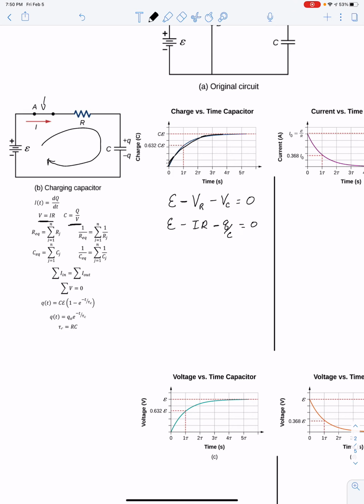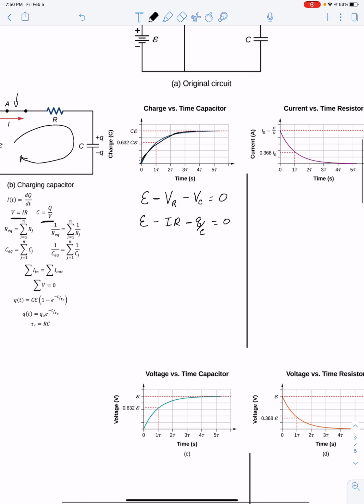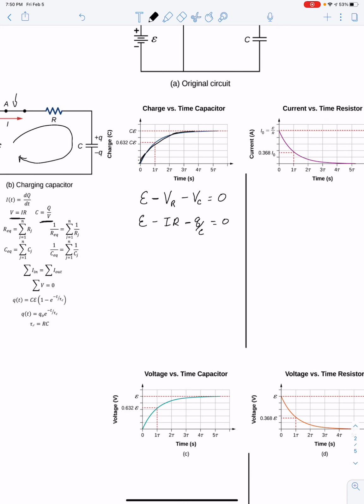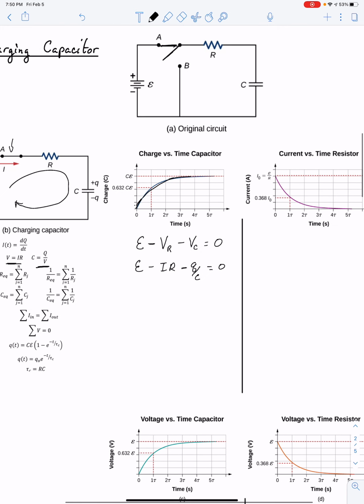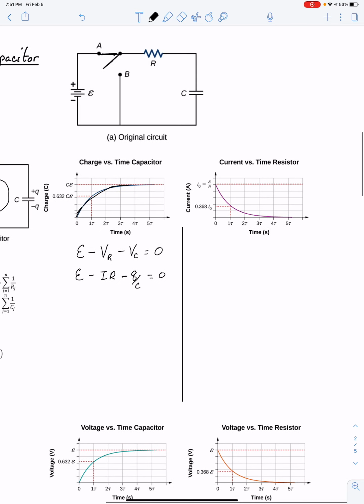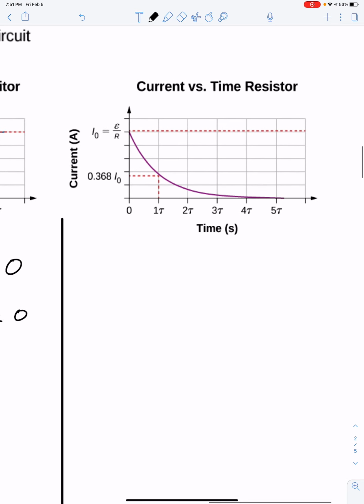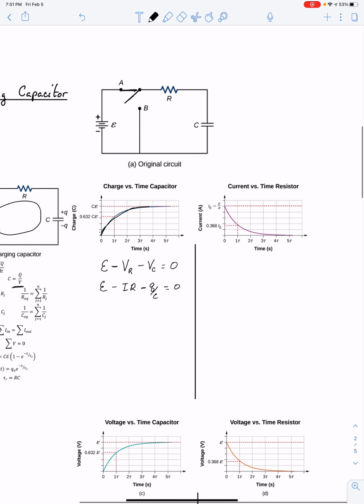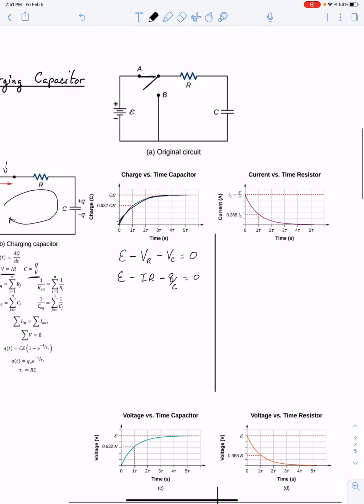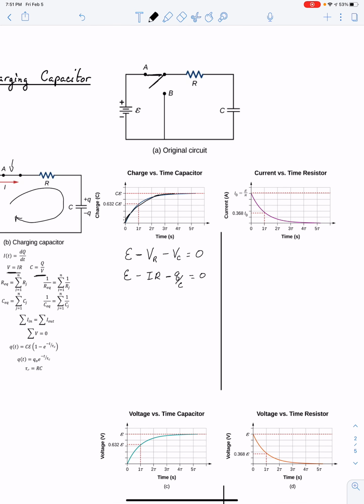And understanding that since charge is increasing, and as I mentioned before, current is decreasing over time, it means that current is not constant in this term, but it has to do with the change in charge over the change in time.